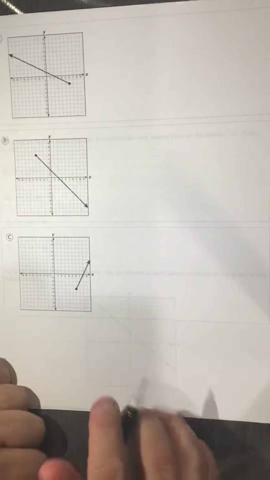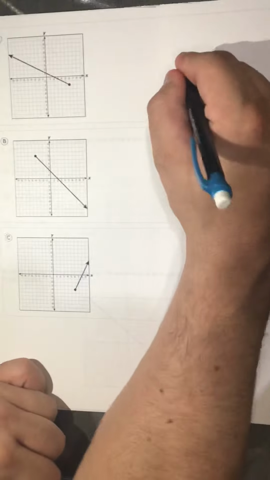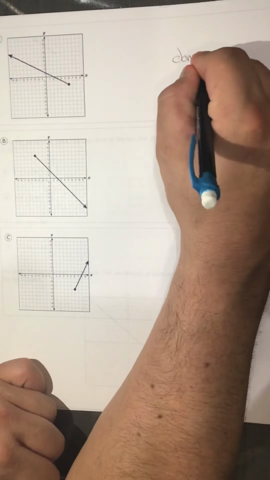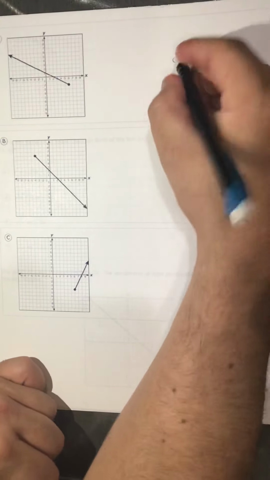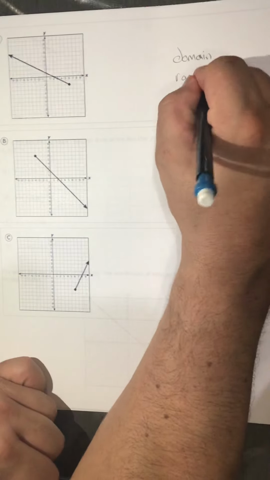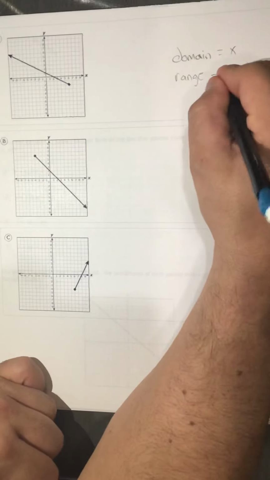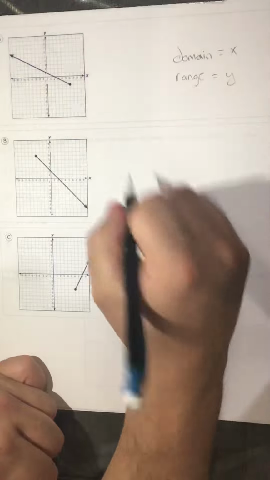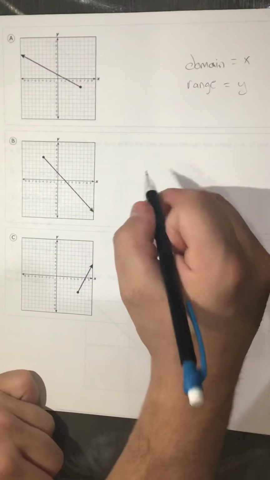Now, if we look at our graphs, I know that I'm working with domain. So let's work domain. I want to know the difference between domain and range. I know domain is x, range is y. It also said less than or equal to.